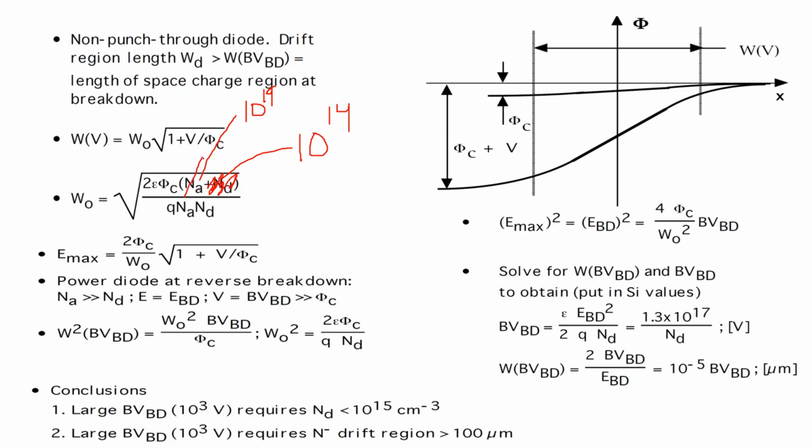Now this Na cancels out with this, so finally we are left with this expression, 2 epsilon phi c divided by QND. This is nothing but omega naught squared. Why we are doing this will be clear shortly.